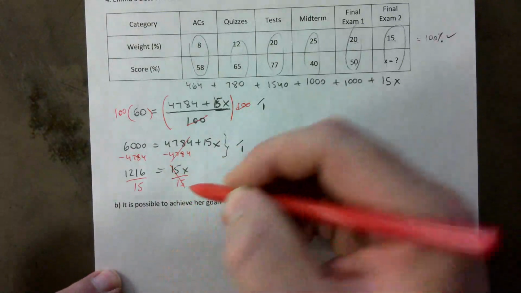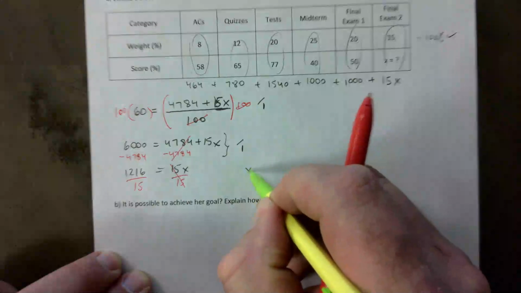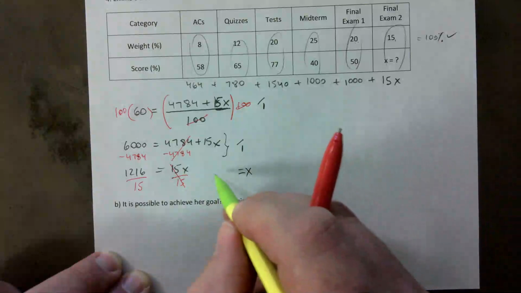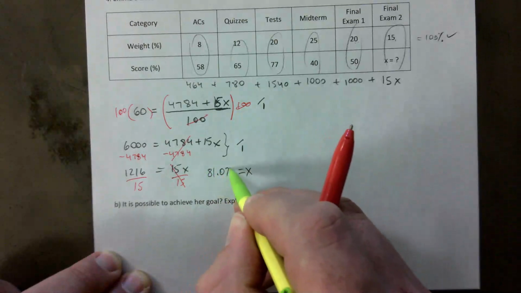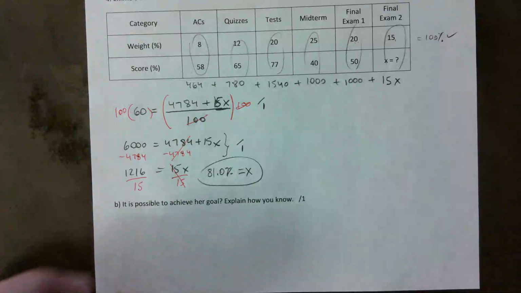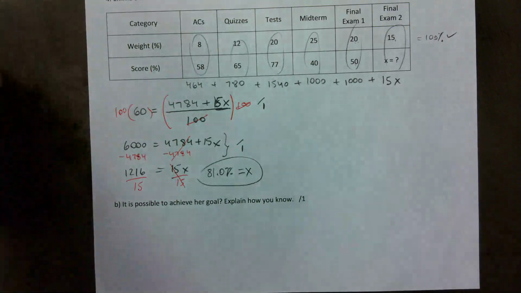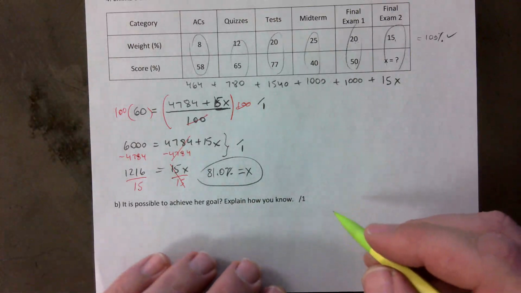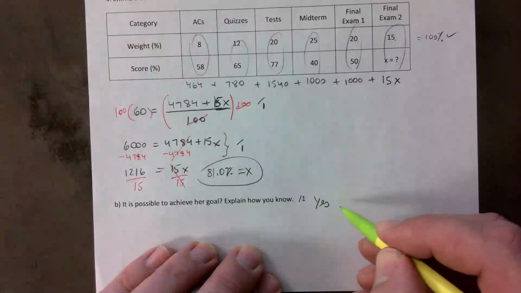We get to cancel these out. So x is left on the right side, and on the left side you get 81.07%. Is it possible? Yes, it is.